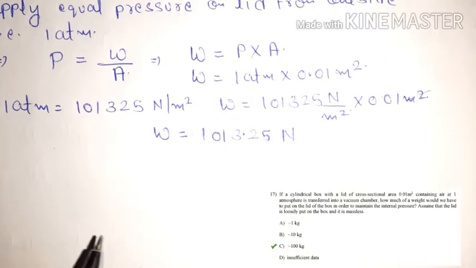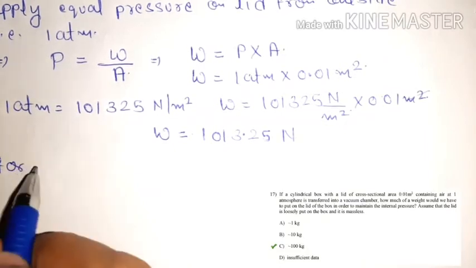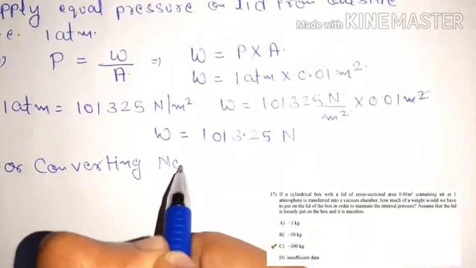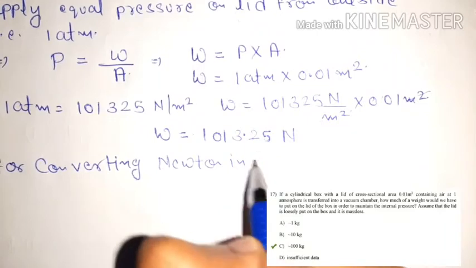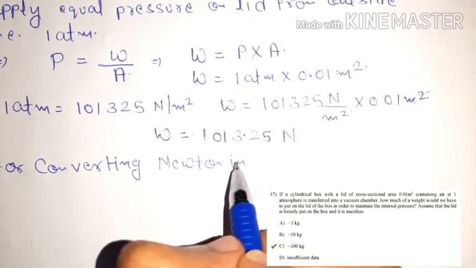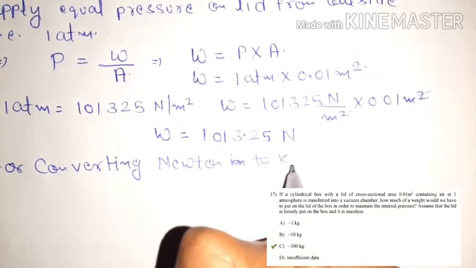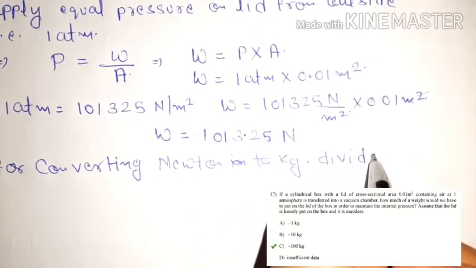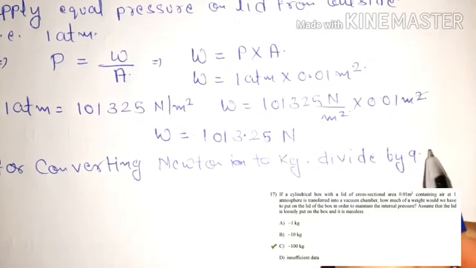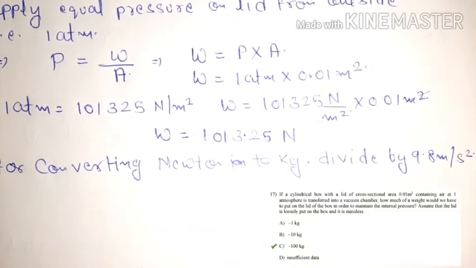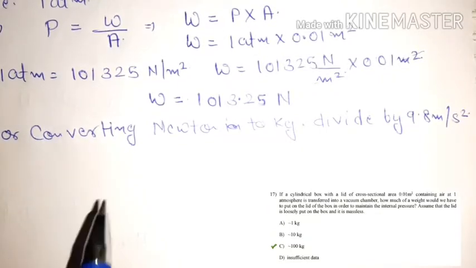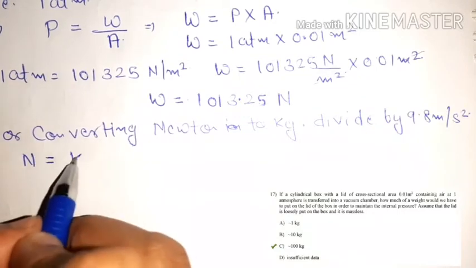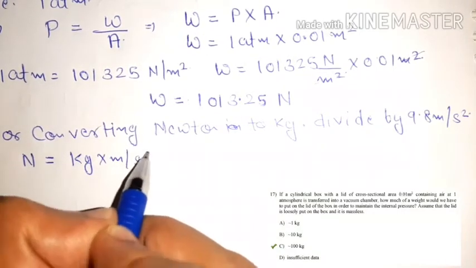So for converting Newton to kilogram, divide by 9.8 meter per second square. And you know very well that the SI unit of 1 Newton is kilogram into meter per second square.